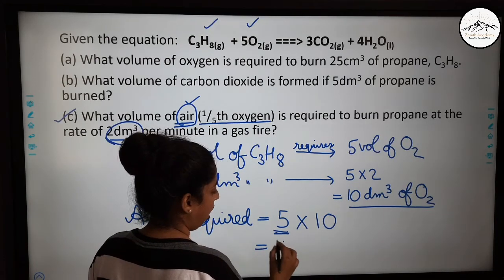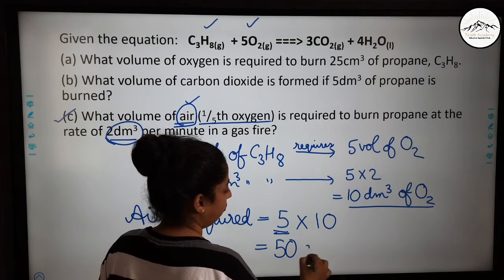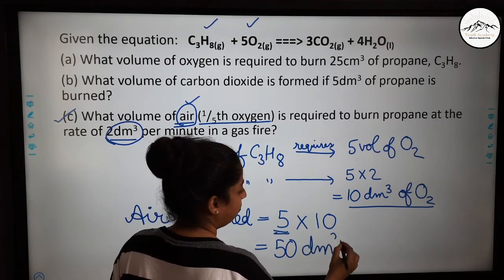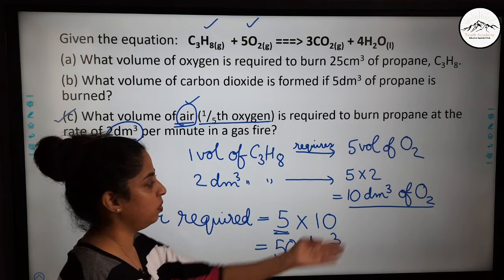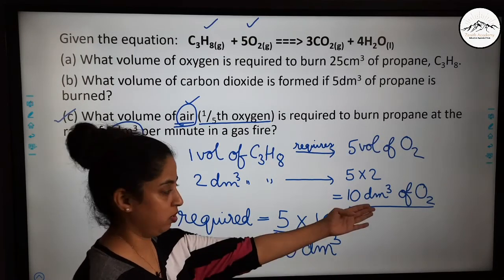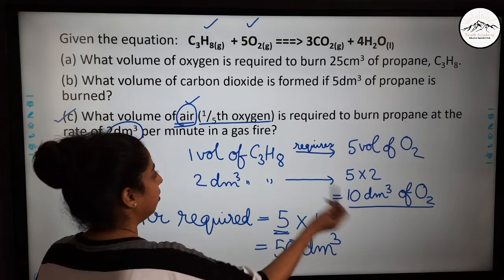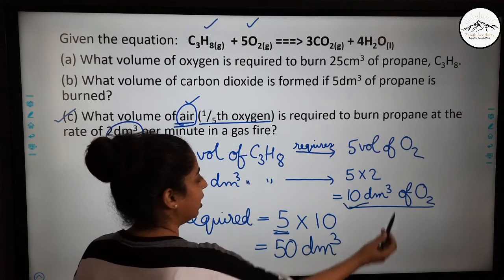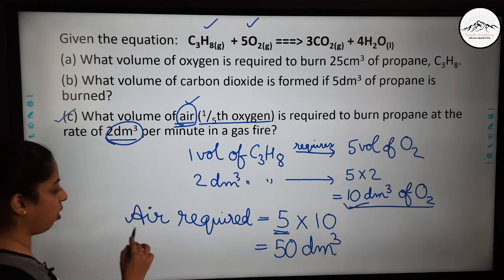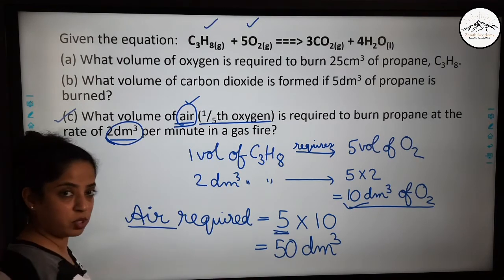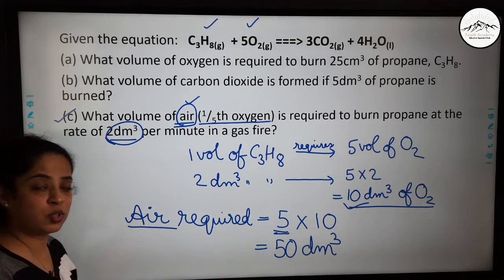So we require how much air? We require 50 decimeter cube of air per minute, because in 50 decimeter cube how much oxygen will be there? 1/5 of it, so it will be 10, and from calculations we know that 10 decimeter cube of oxygen is required. So the amount of air required will be 5 times of it. I hope you have understood this very well.